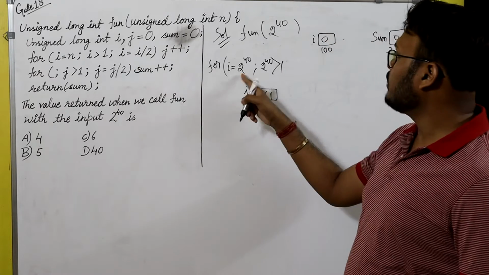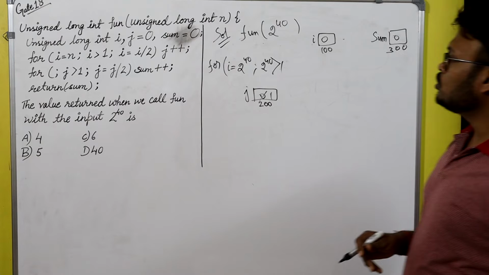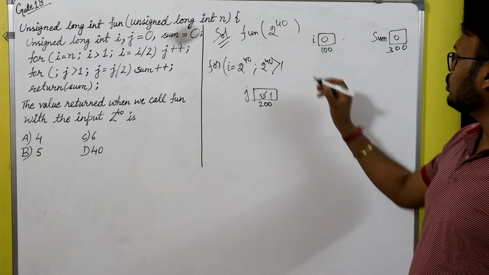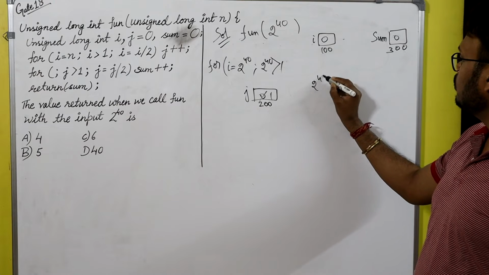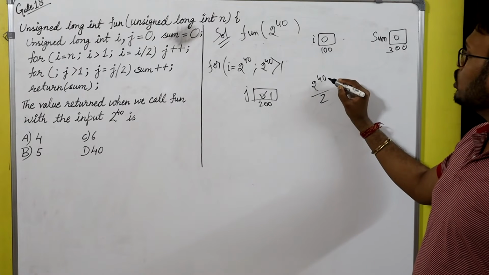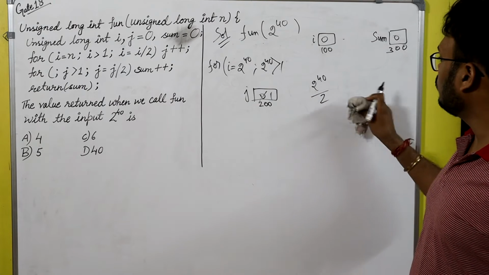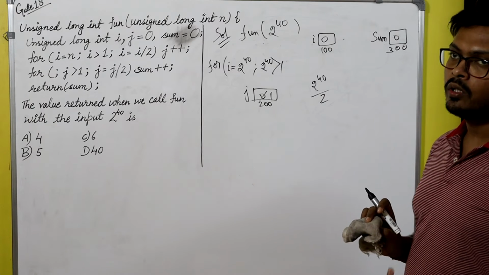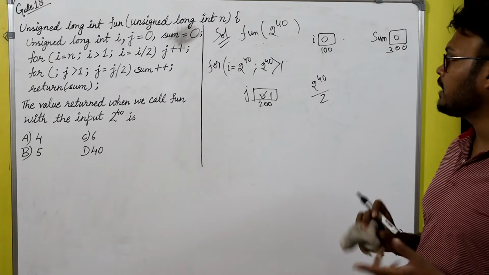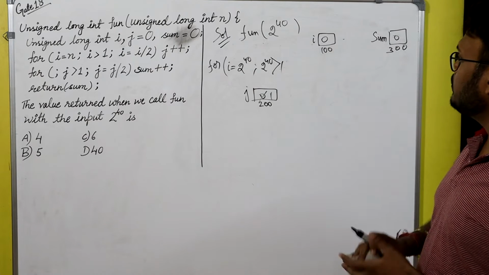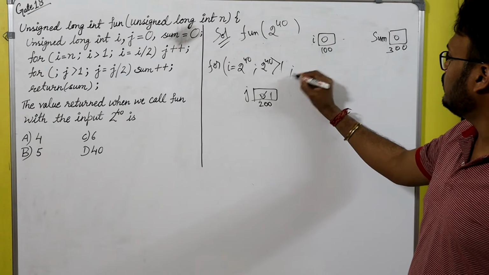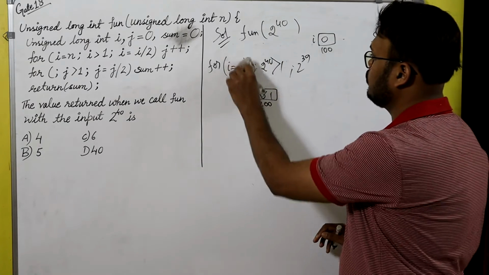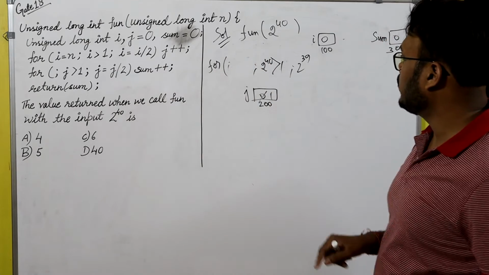The value of i is 2 to the power 40, so it will become 2 to the power 40 by 2. What is that? Obviously 2 to the power 39. We all know that while dividing, when the bases are the same, the powers are subtracted. So it will become 2 to the power 39.